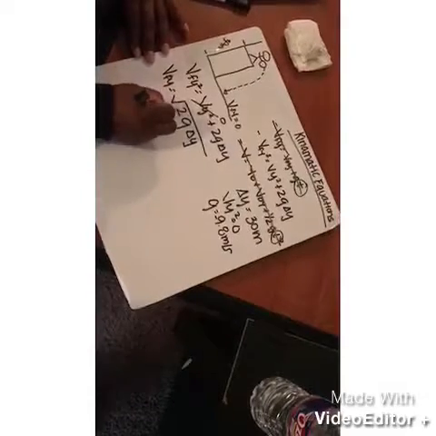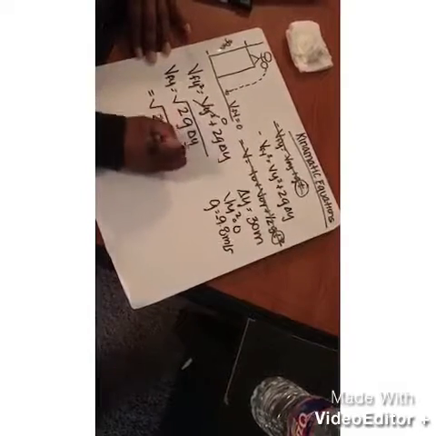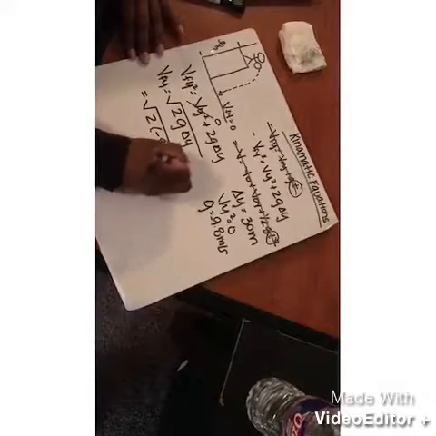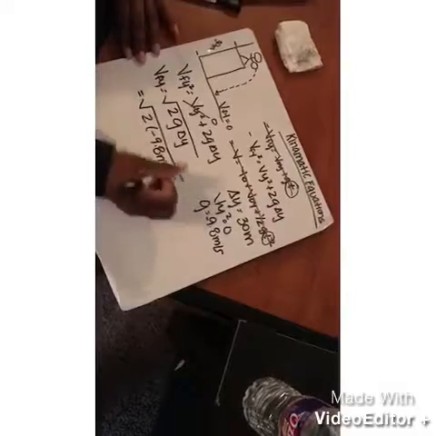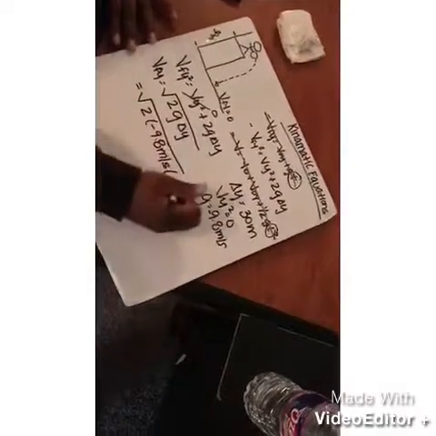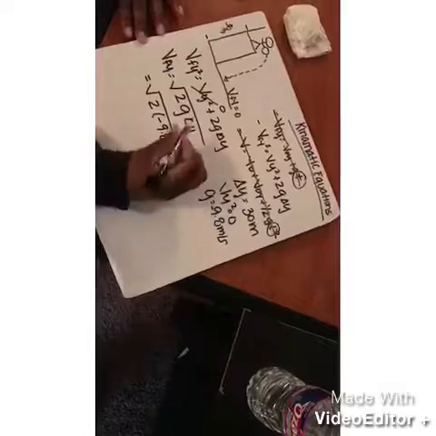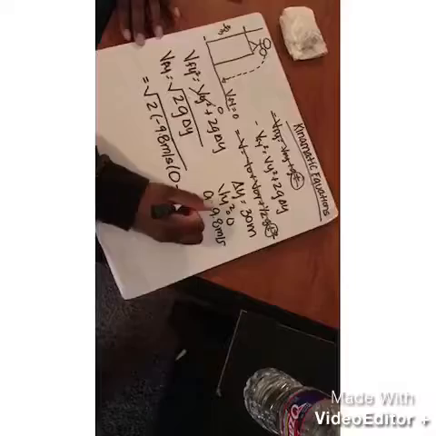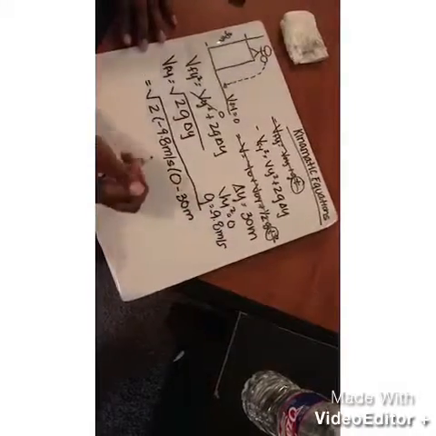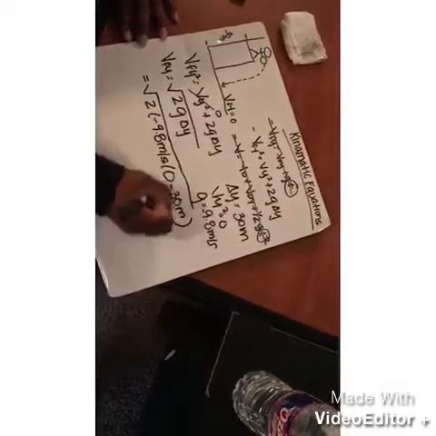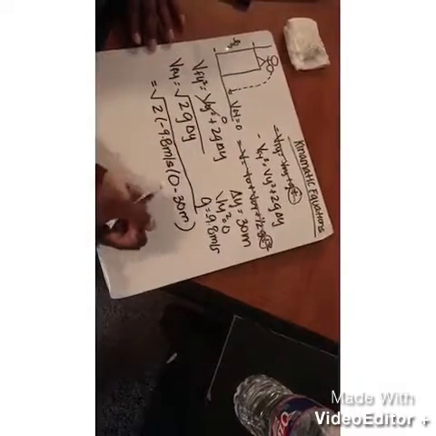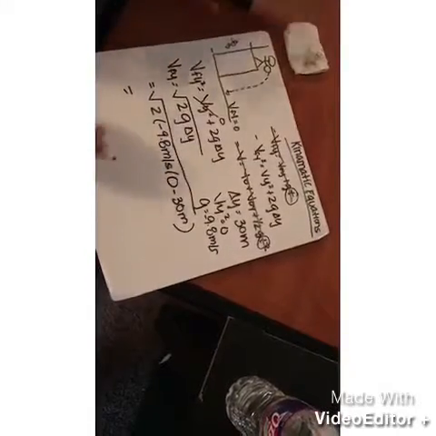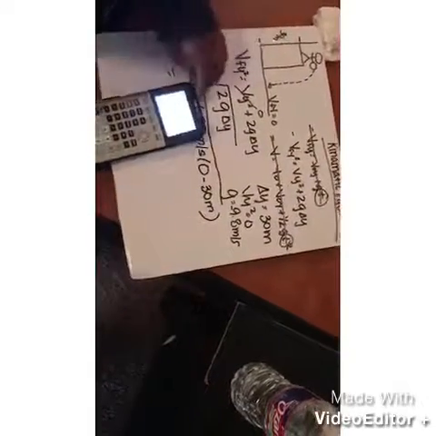So it will turn out to be 2 times negative 9.8, and we're going to multiply it by the Y direction, which will be 0 for the initial, subtracted by 30 meters. So basically these two negatives are going to cancel out because we can't take the square root of a negative. So then we're just going to put this in the calculator.